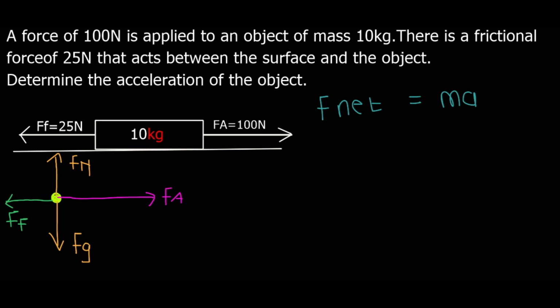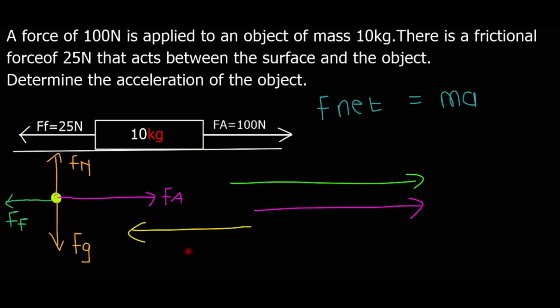Another thing that is very important: our object is going to the right. The forces that act to the right are positive, and the forces that act opposite are negative.